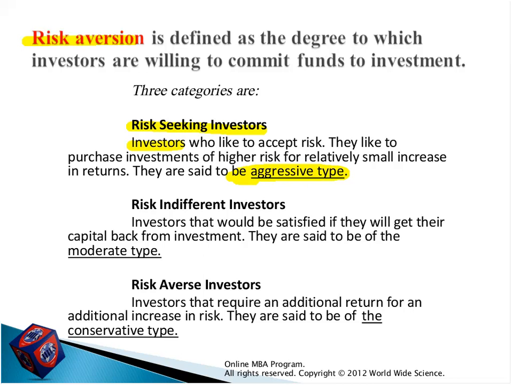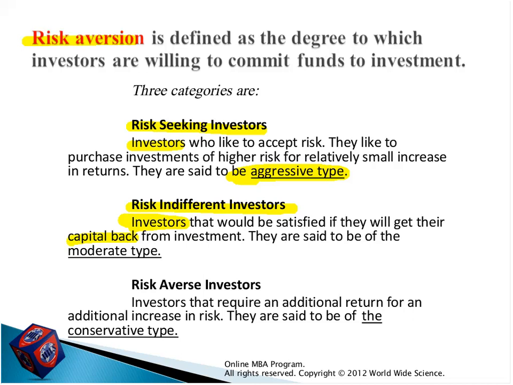The next one is the risk-indifferent investor. These investors are satisfied if they get their capital back from the investment. At least they need to get their capital back, and they will already be satisfied, not necessarily getting some profit beyond that.